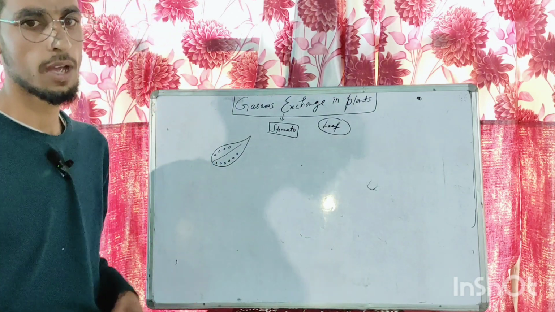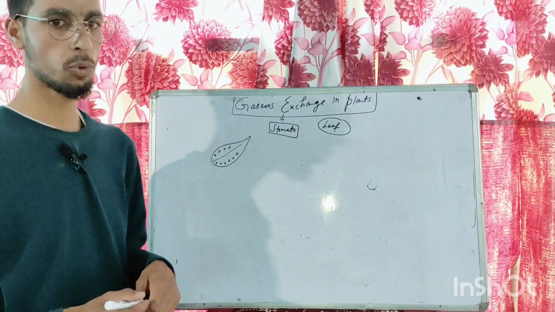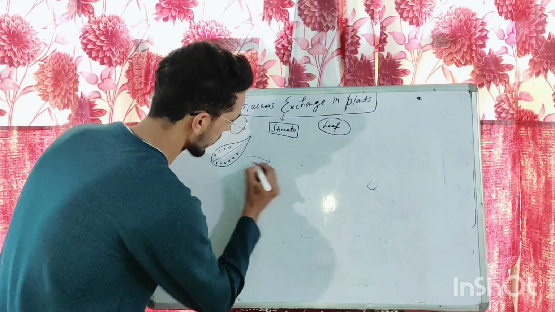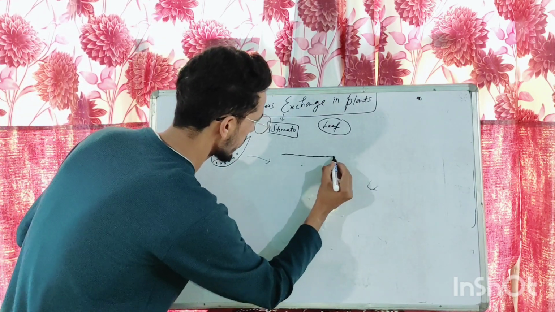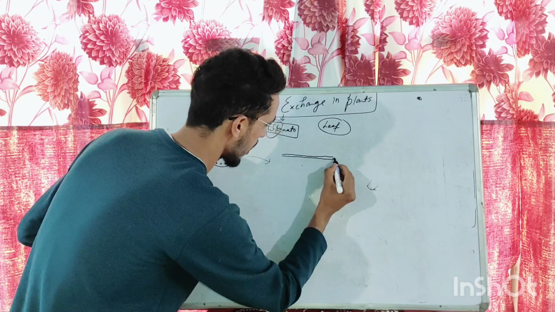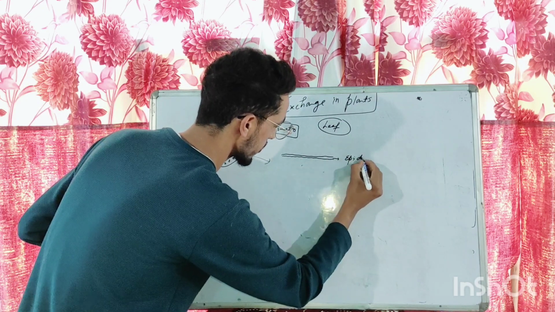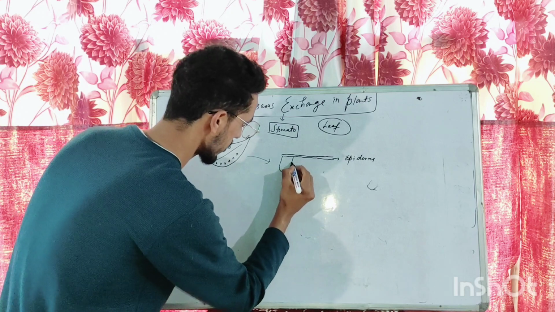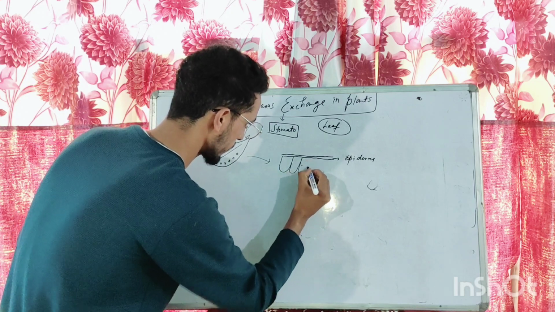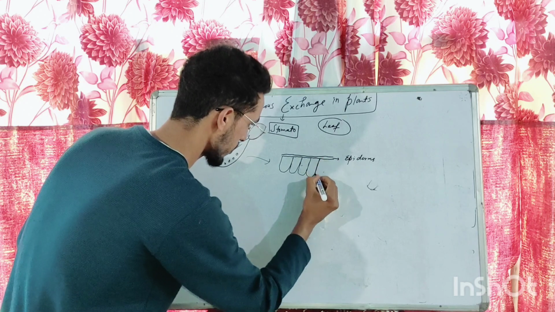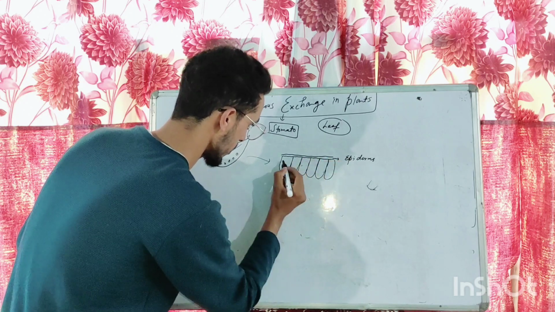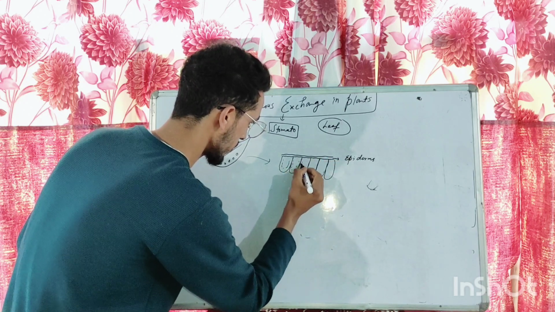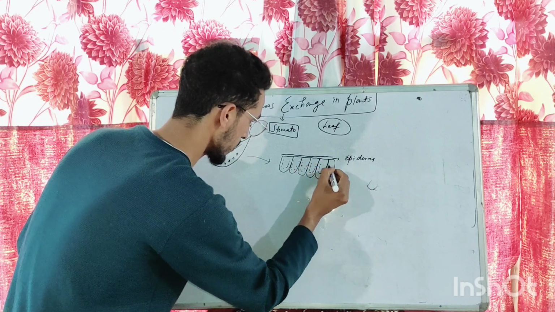If we see the leaf at micro level, we will observe a diagram like this. This is the outer layer called epidermis. Below this outer layer, we see a rod-shaped structure which contains some dot-like structures.